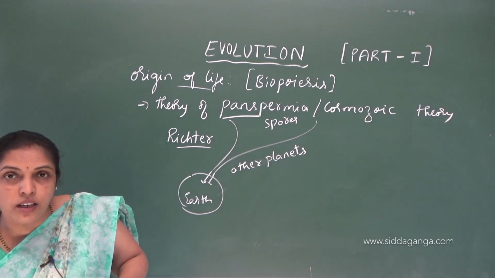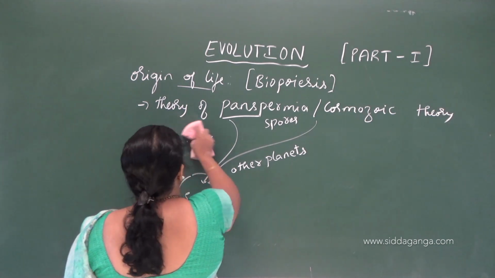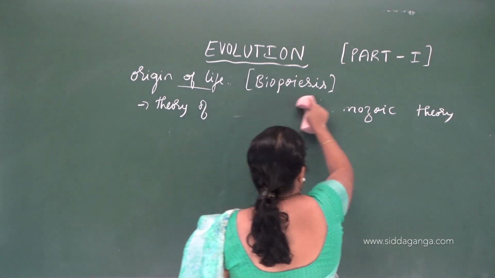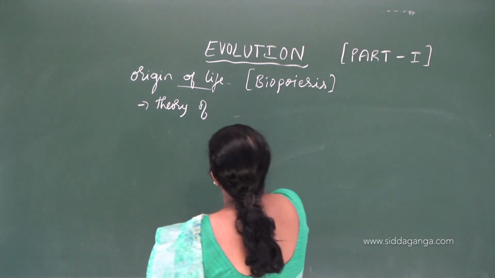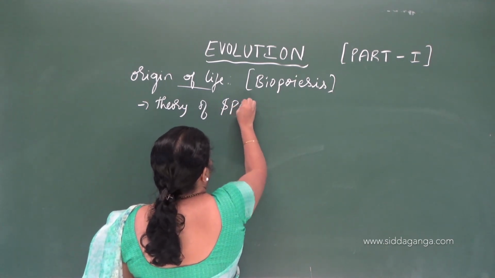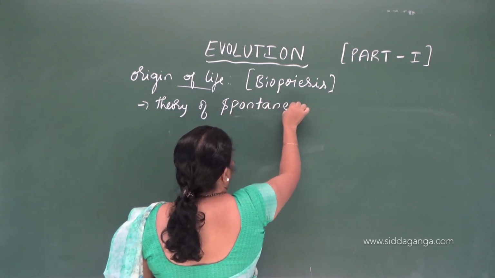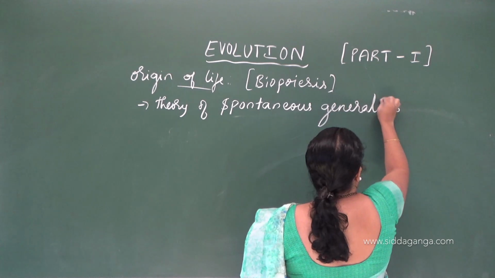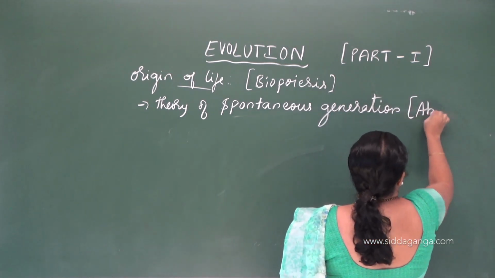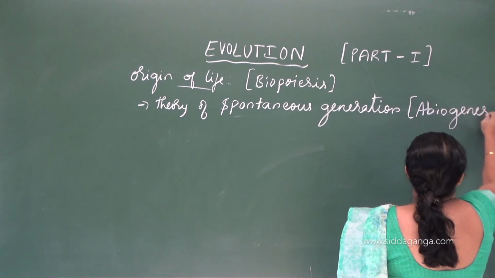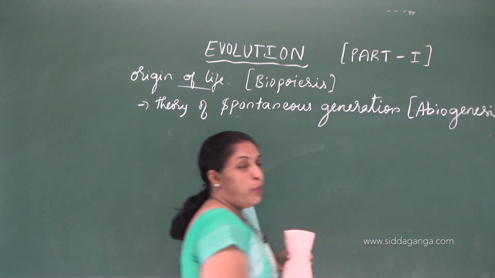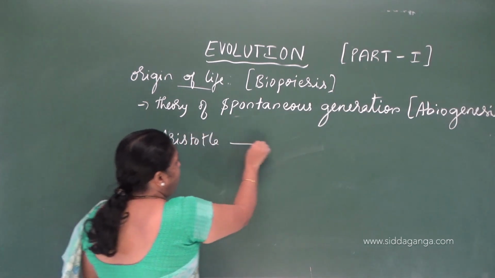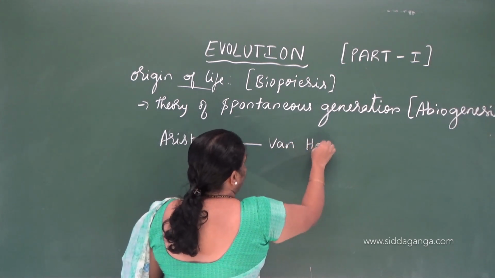Then the other theory is spontaneous generation, also called abiogenesis theory. It was proposed by Aristotle and supported by Van Helmont.